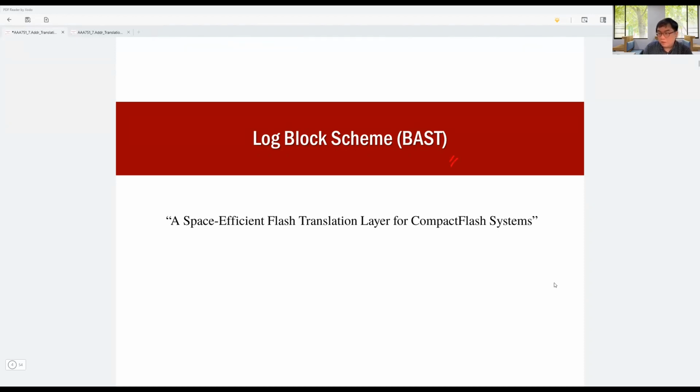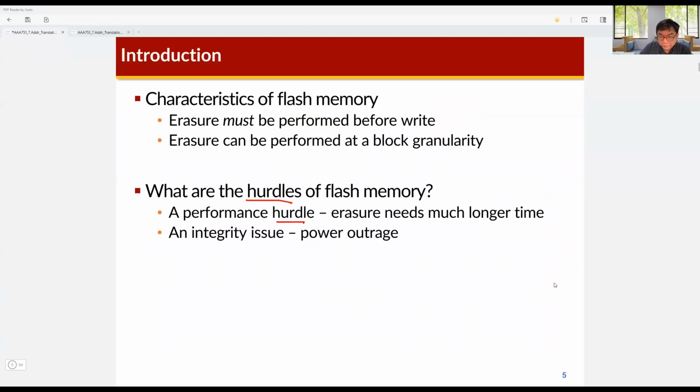This log block scheme comes from an older research paper, and it is called BAST. Actually, this log block scheme is very similar to the log structured file system in storage devices.